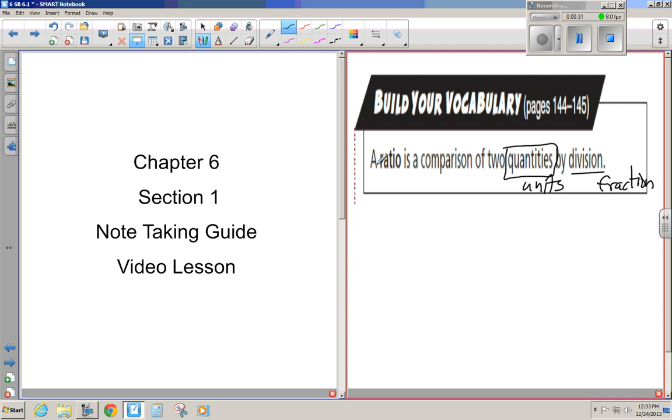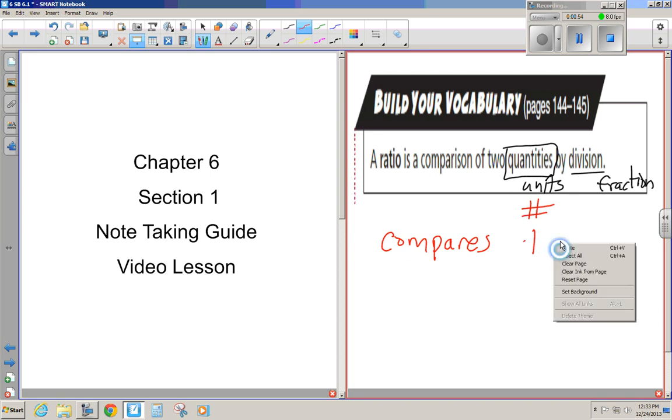So a ratio is a comparison of two units, usually in the form of a number by division, or a fraction. So basically, a ratio compares two numbers.